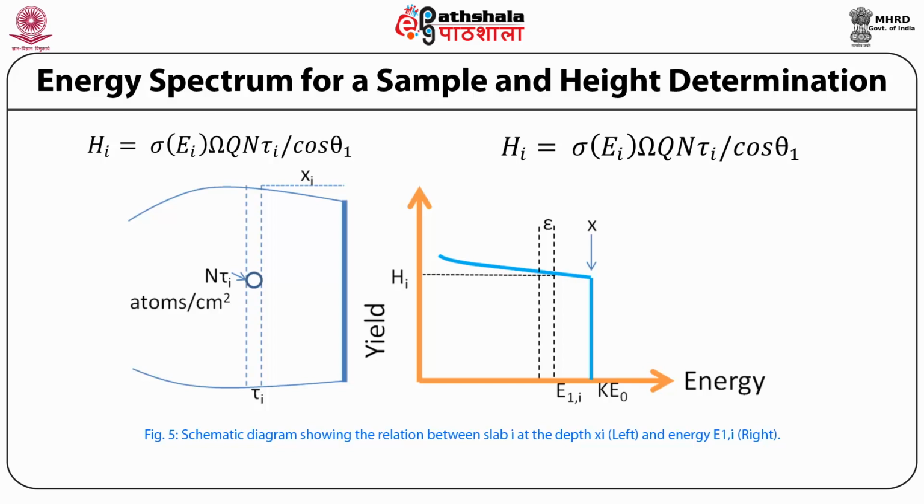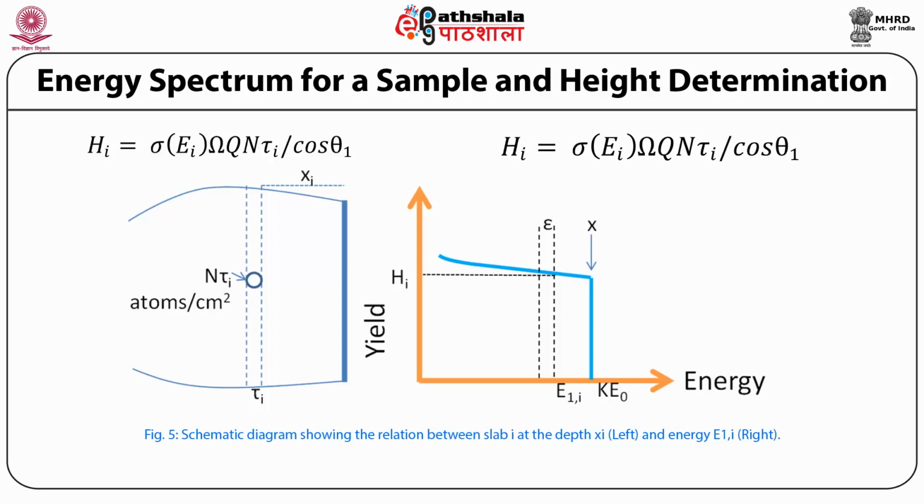The schematic diagram showing the relation between the slab I at the depth xi and energy E1I is represented in the figure. In the equation for Hi, sigma Ei is the differential cross section at energy Ei, omega is the solid angle, q is the total number of particles incident on the surface.